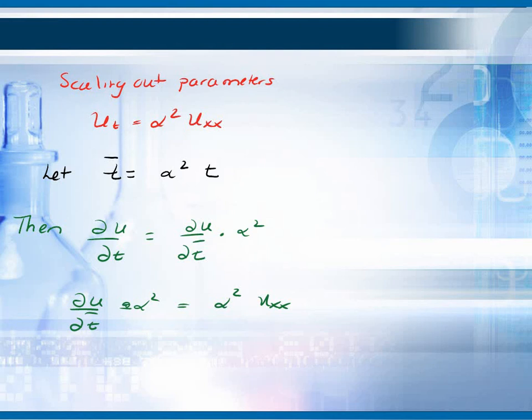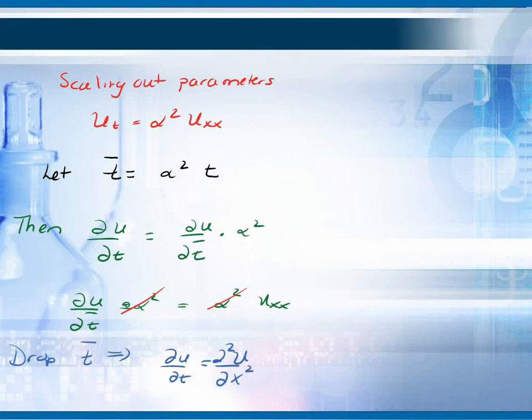If you replace that on the left side of the heat equation, you get the derivative of u with respect to t bar times alpha squared, but on the right side there's no function of t that you're taking the derivative of, so you still have alpha squared u_xx. And so the alpha squared pops out of both sides, and you have just u_t equal to u_xx.